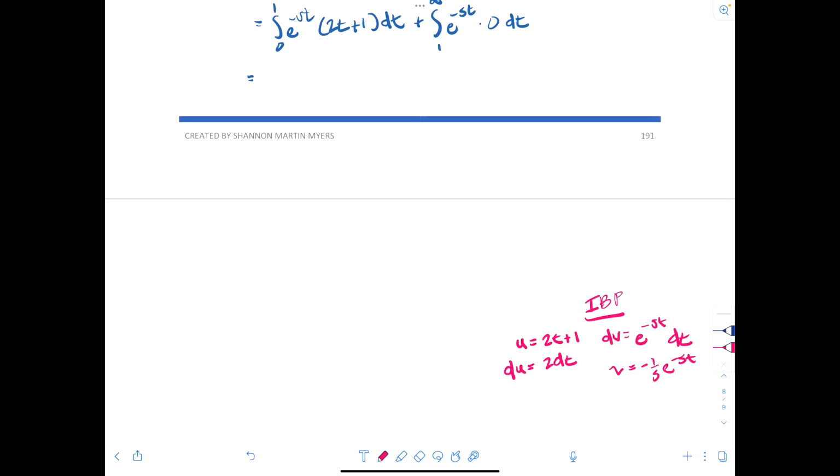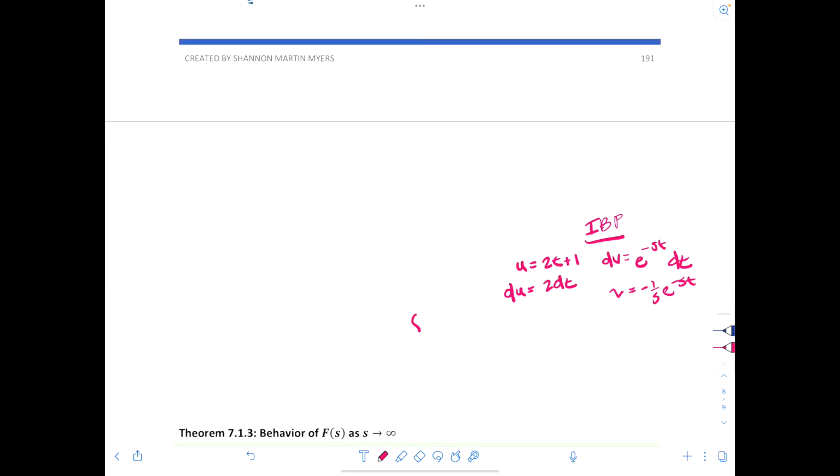So the integral of e to the negative st times the quantity 2t plus 1 dt will be u times v, so negative 2t plus 1 over s times e to the negative st, and then minus the integral of v du.